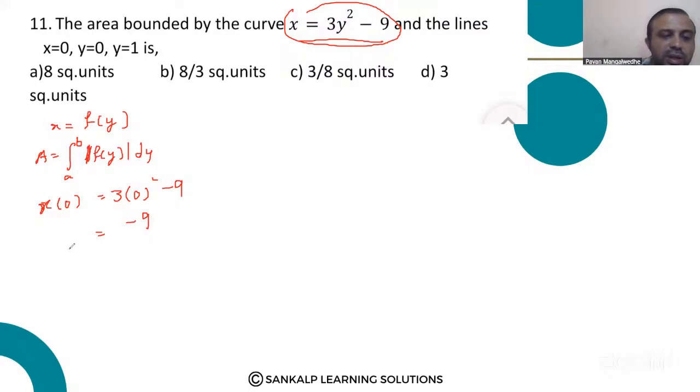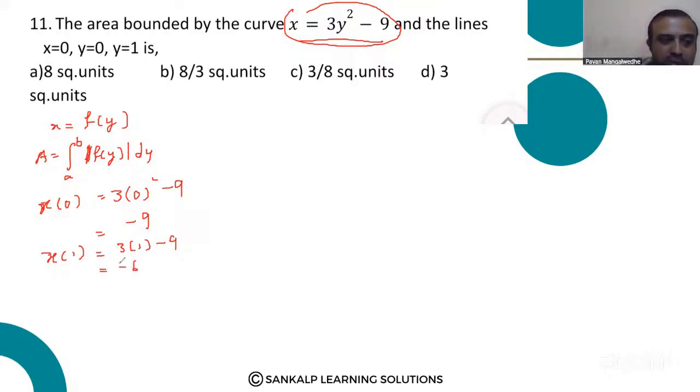Now checking the value of x at y is equal to 1, what will happen? X of 0 is minus 9, x of 1, which means in the given equation we need to substitute y is equal to 1. So 3 minus 9 is minus 6.